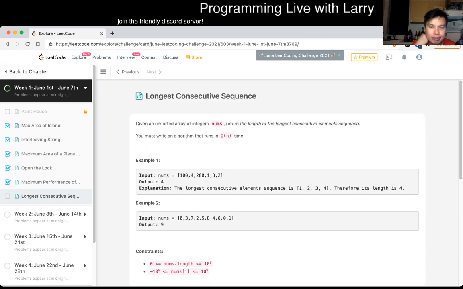So yeah, let's see. There are a couple of ways to do it. I'm thinking about which one makes the most sense. And also, I don't know. It's a little bit weird in the spirit of things, but maybe not.